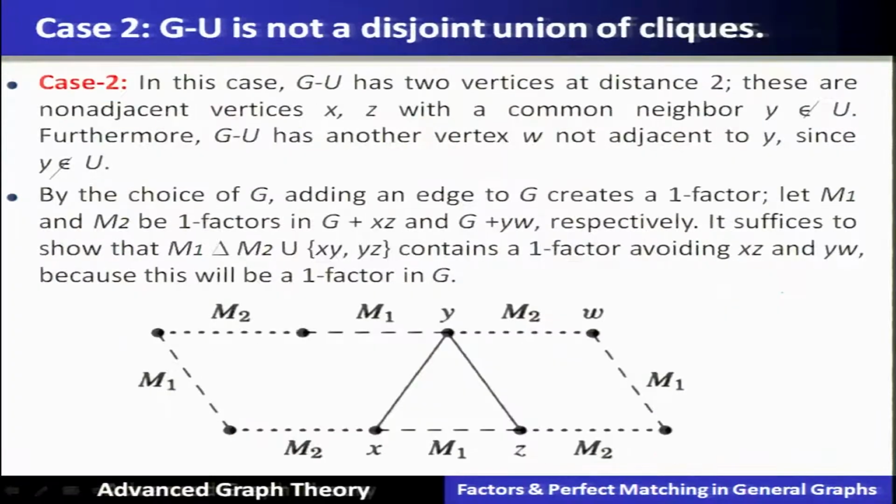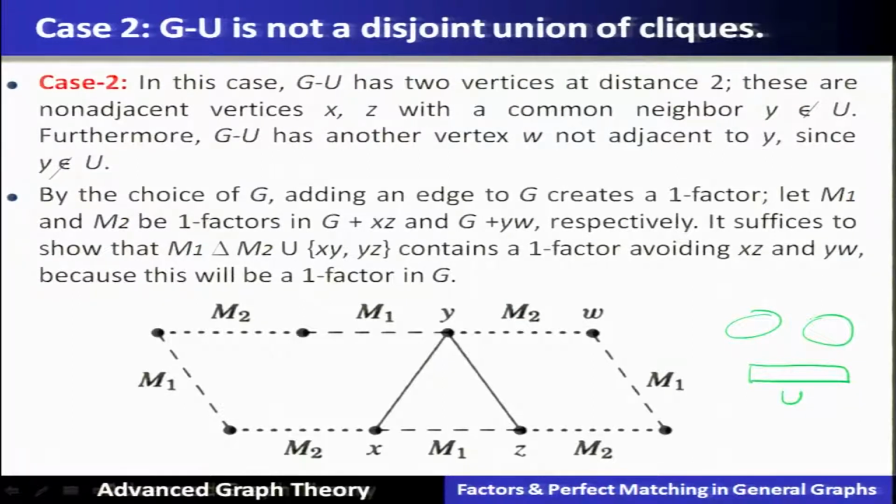Now, if G minus u is not a disjoint union of cliques, what will happen in that case? So, in case 2, G minus u has 2 vertices at a distance 2.